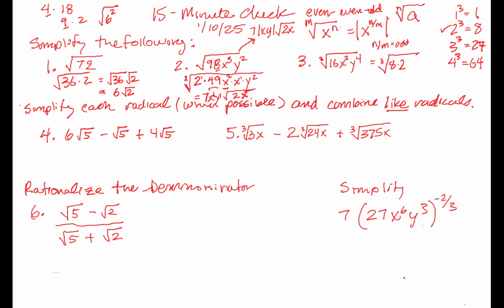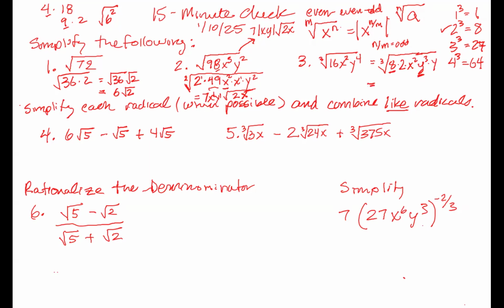The power is telling you how many of those you have. So x squared's not going to make it out. It only has 2. But y to the 4th can be broken up into y to the 3rd and 1 y. So I have 2 things that can come out, the 8 and the y cubed.